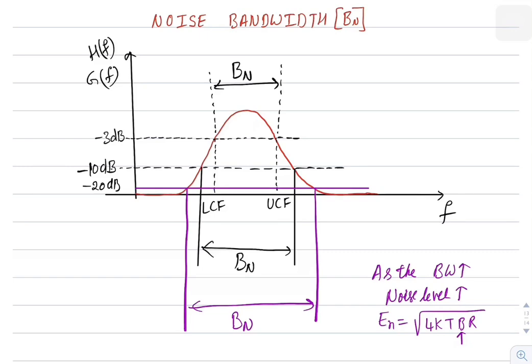Let's take an example of double sideband suppressed carrier wave and single sideband suppressed carrier wave. The noise in double sideband suppressed carrier is more when compared to single sideband suppressed carrier wave. The reason behind that is the bandwidth of occupancy of double sideband suppressed carrier is 2 fm, whereas the bandwidth of occupancy of single sideband suppressed carrier is only fm.